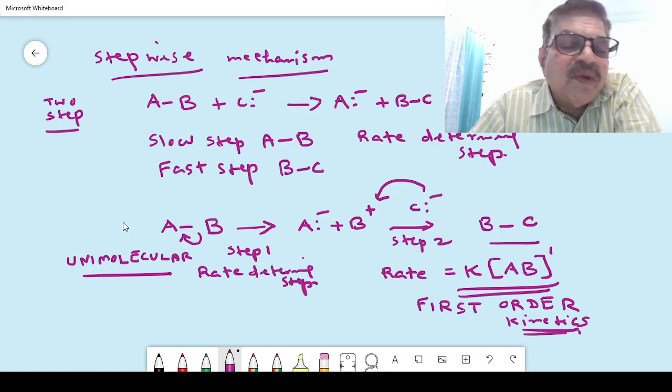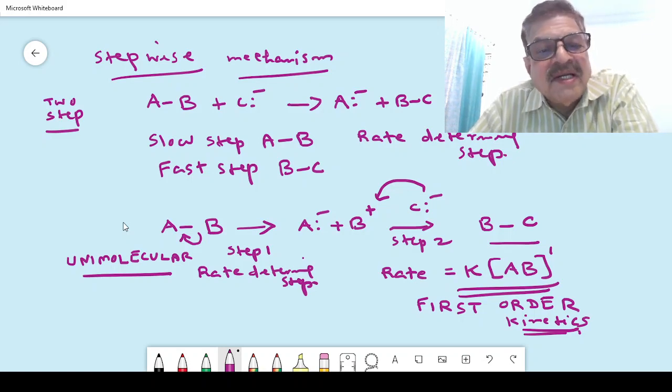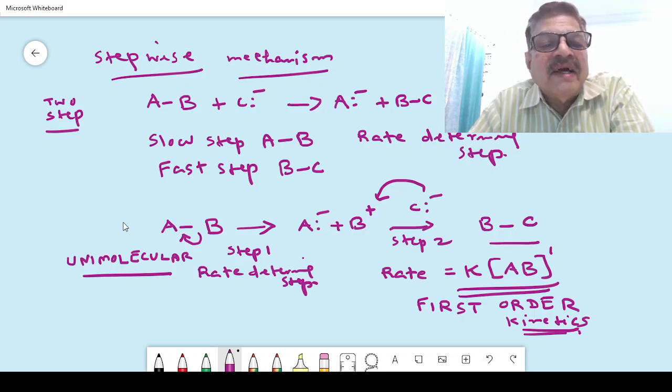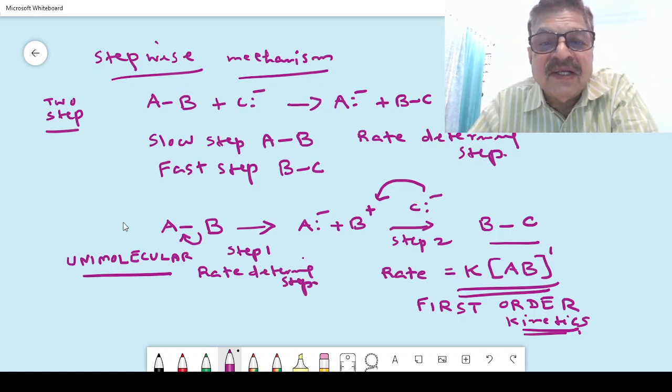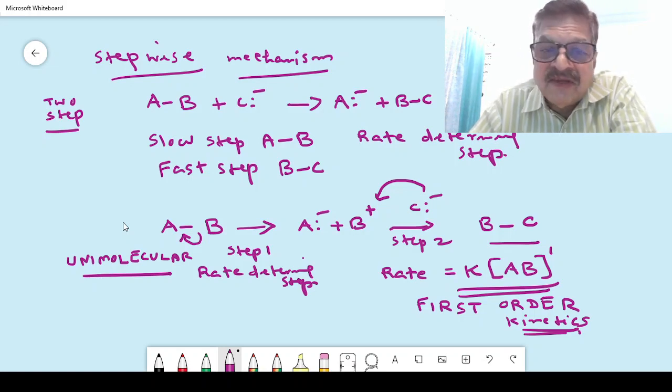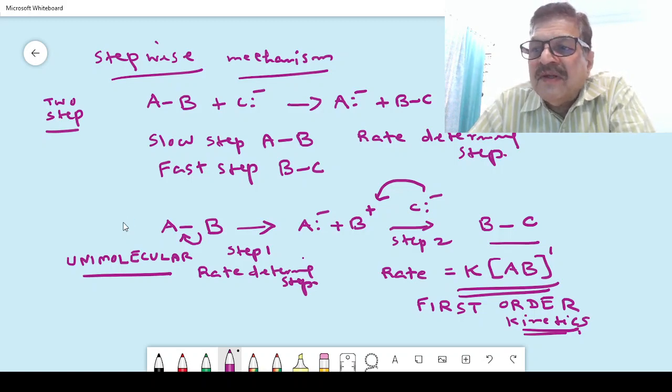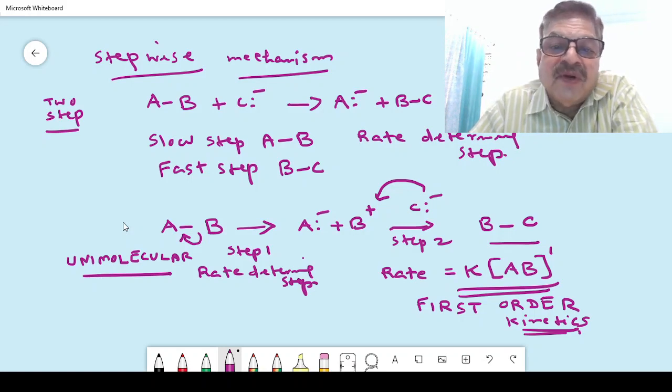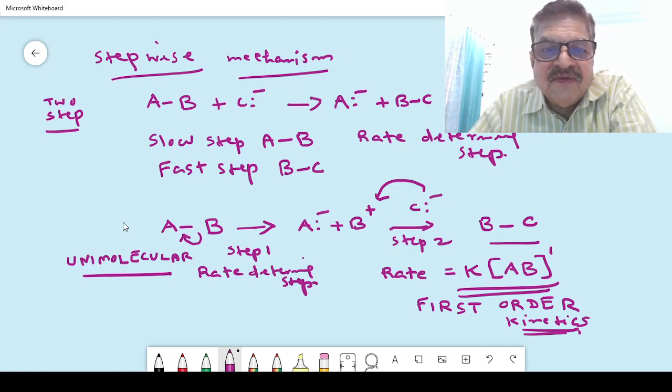Whether C is replaced by some other anion or some other D, whatever it is, it doesn't affect the rate of the reaction, because this concentration is not in the rate determining step. That is the important difference here. Rate equations provide very important information about the mechanism of a reaction, which we will come to know later. Okay, so thank you very much for listening.